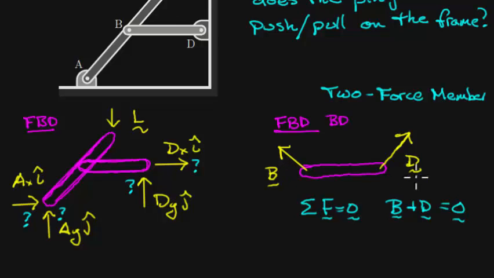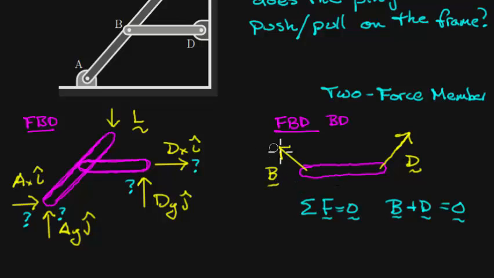I need these 2 vectors, B and D, to add up to 0, right? And there's no way that these 2 vectors, at least as I've drawn them, are going to add up to 0. There's no way that this one's going to exactly cancel that one because they're going off in totally different directions, right? The only way that I can have a force B which cancels vector D is if they go in opposite directions. Exactly opposite directions.